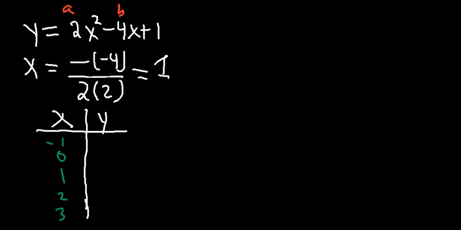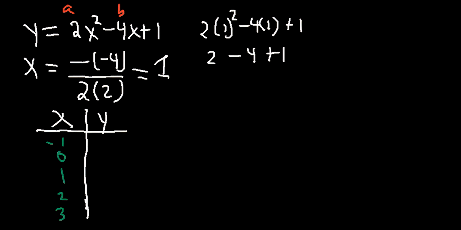So let's begin by plugging 1 for x. So 2 times 1 squared minus 4 times 1 plus 1. So this is 2 minus 4 plus 1. And that's equal to -1. Now it's easier if we plug in 0 instead of 2.